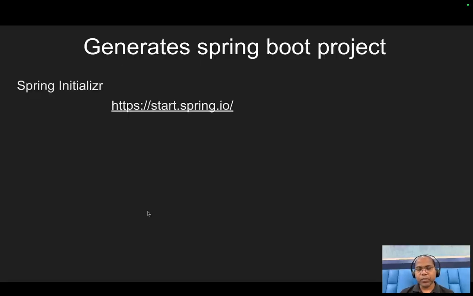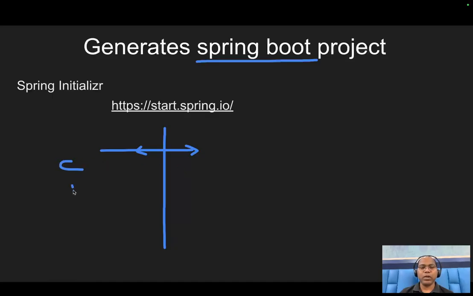For simplicity, we are going to generate one Spring Boot application, and that application requires one dependency through which we can expose a particular REST API, and this API is consumed by the client, by Postman, by curl, right?